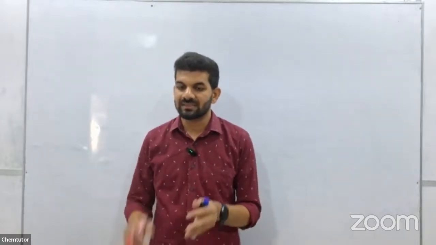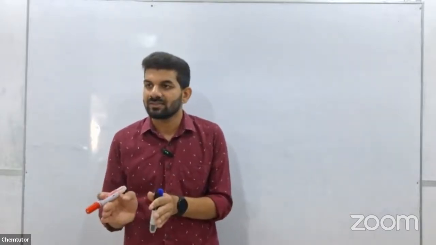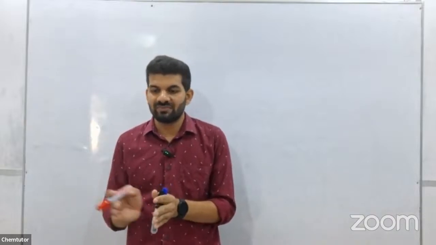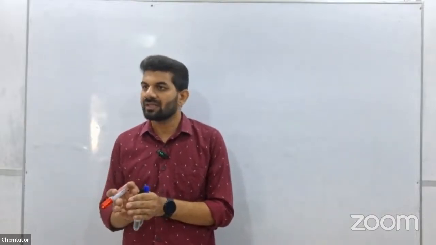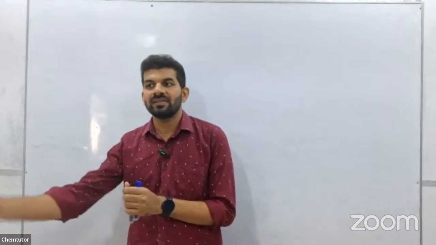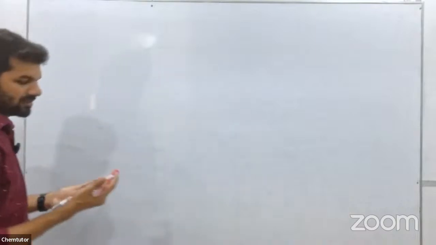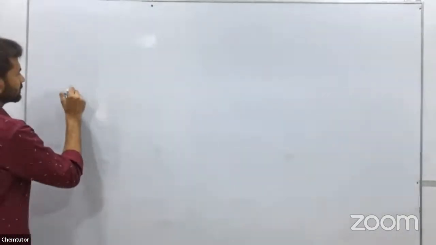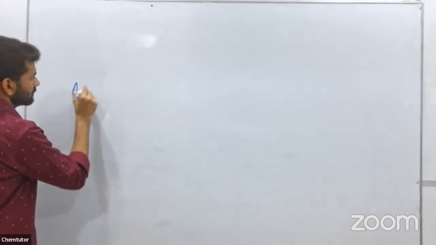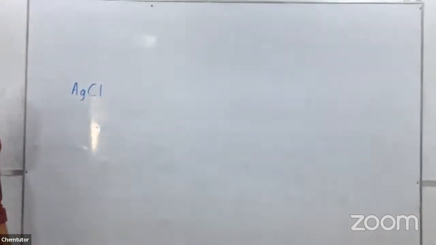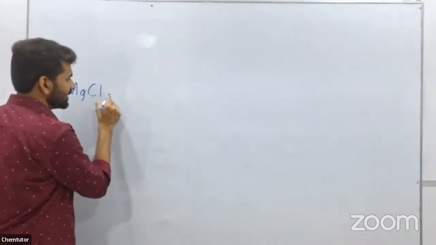That means if the multiple of the concentrations of the two ions exceeds the KSP value, then only it starts to precipitate. For example, let's take silver chloride. Is it a precipitate or aqueous solution? Usually silver chloride is a white color precipitate.